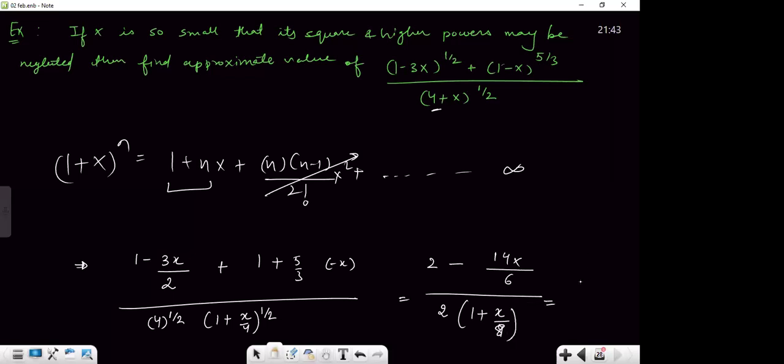So taking LCM, this becomes 12 minus 14x divided by 6 into 2 into 8 plus x.